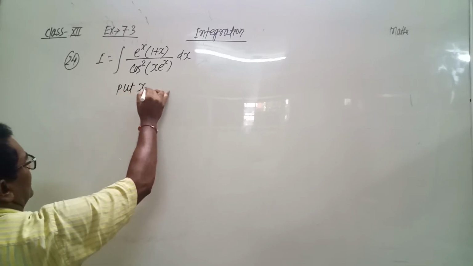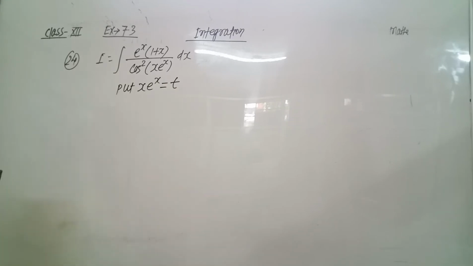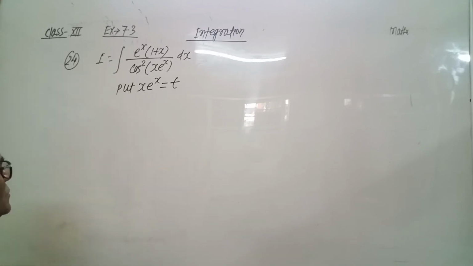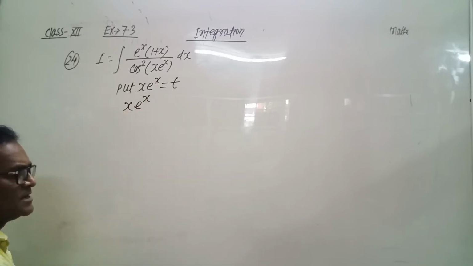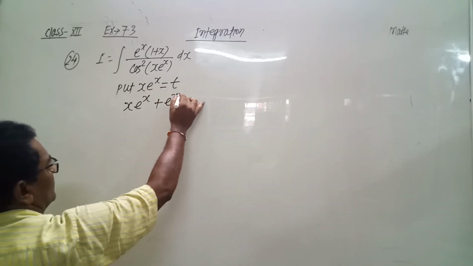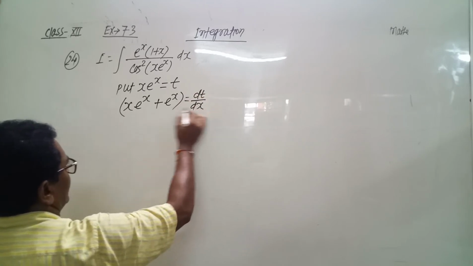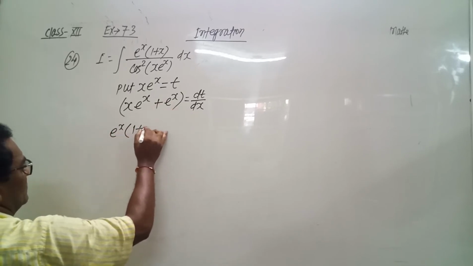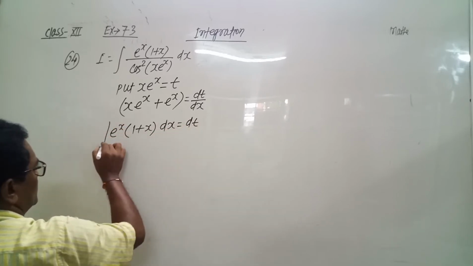Put x into e raised to the power x equals t and differentiate both sides with respect to x. It will be differentiated by the formula u into v. So x as it is, differentiation of e raised to the power x is e raised to the power x, plus e raised to the power x as it is, differentiation of x is 1, and differentiation of t with respect to x is dt by dx. From both the terms e raised to the power x is taken common. So we get 1 plus x, and by cross multiplication, into dx equals dt.